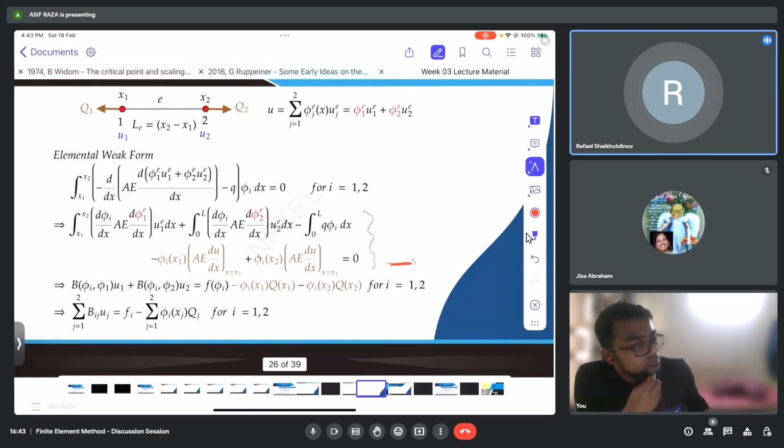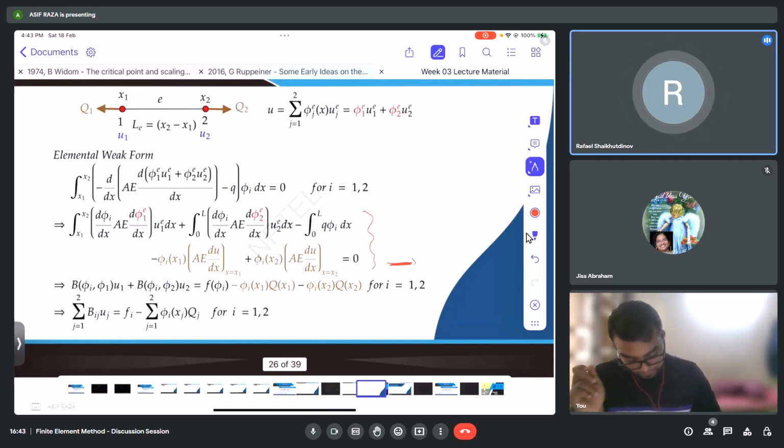So after integration by parts, we need to obtain the following. If we proceed, we should obtain phi I at x1 and AE d phi 1 element multiplied by u1 element.